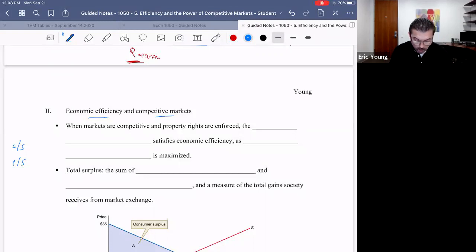Broadly speaking, when markets are competitive and when property rights are enforced, we believe that the market equilibrium, in other words, that point where supply equals demand, will satisfy economic efficiency.